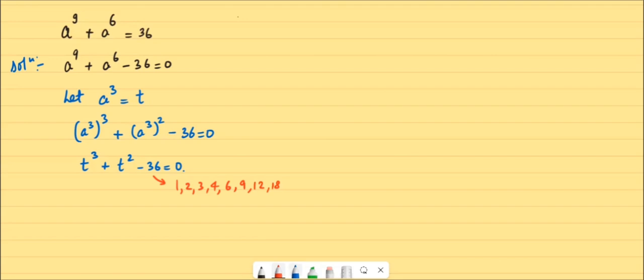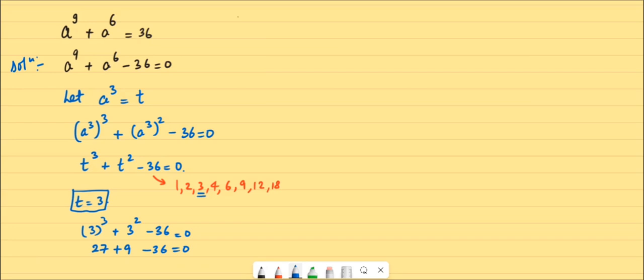So by trial and error method, we see that when t is equal to 3, we have 3 cubed plus 3 squared minus 36. 3 cubed is 27 plus 9 minus 36 equals 0, right? So t equals 3 is one of the solutions of this cubic equation, right? So for a cubic equation, when the degree is 3, we will get 3 solutions, isn't it?